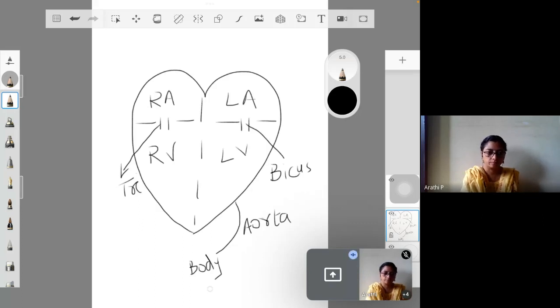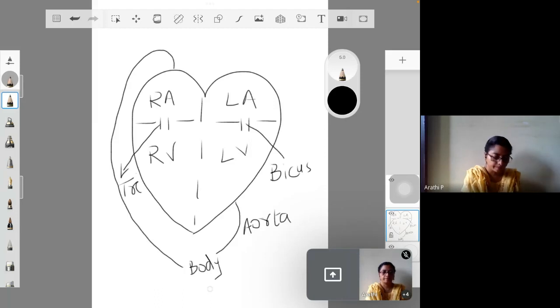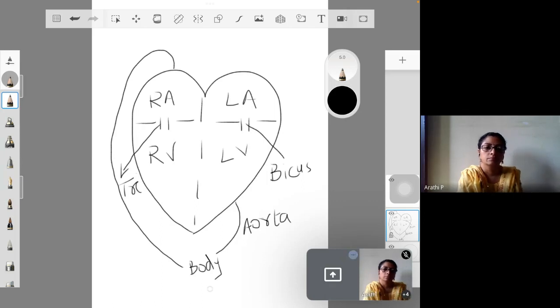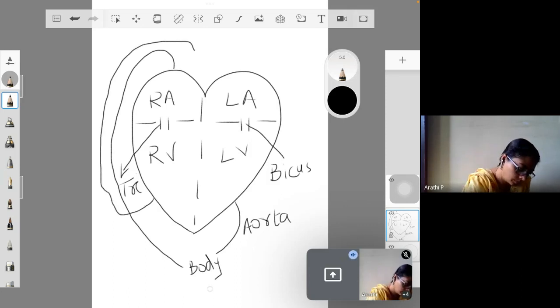It will bring it back to the right atrium. So from right atrium, it will go to right ventricle. Now from right ventricle, it will go to the lungs.